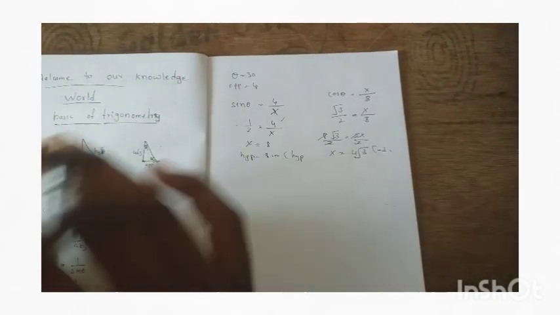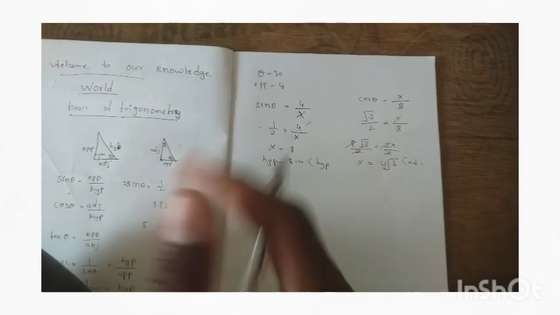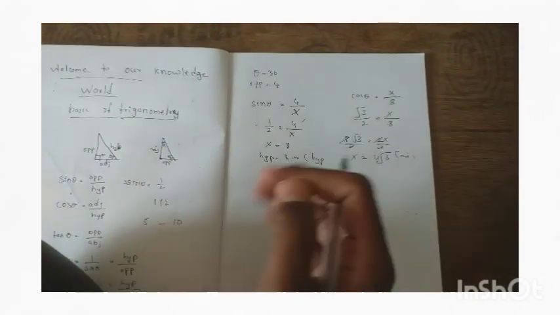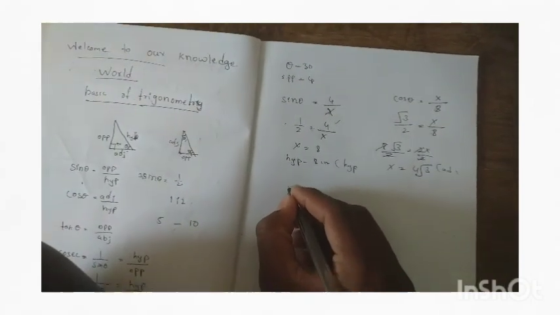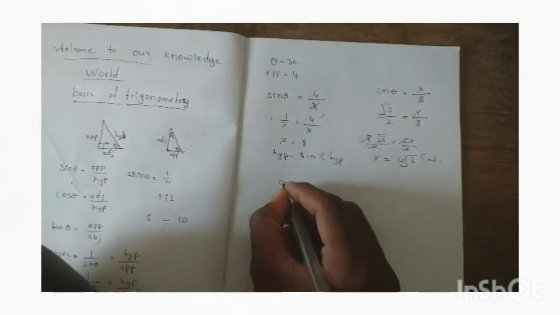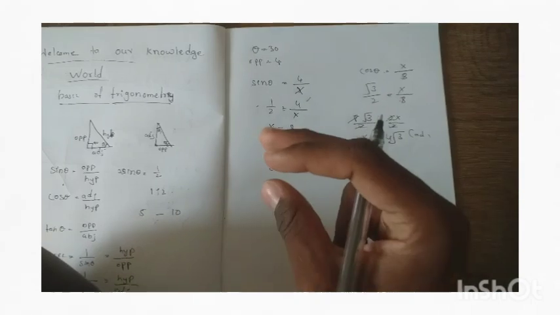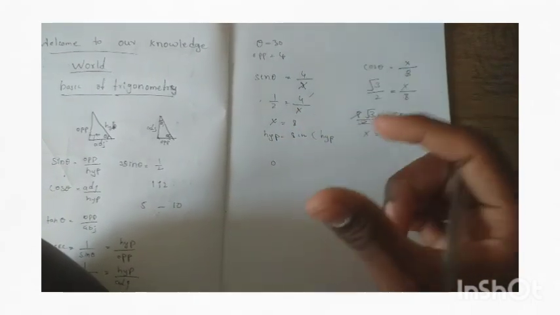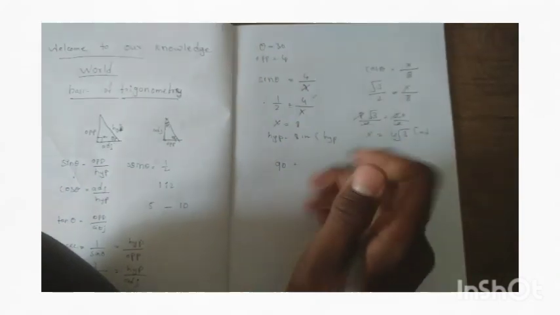This is some magic of trigonometry. We give only two pieces of data, and we can find the other angle too. Yes, absolutely. Just think, the sum of the angles in a triangle is 180 degrees. It is a right angle triangle, because in trigonometry we only study right angle triangles. We take 90 degrees plus the given angle 30 degrees.